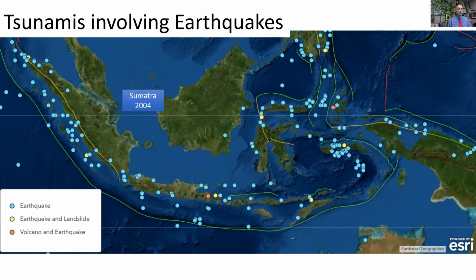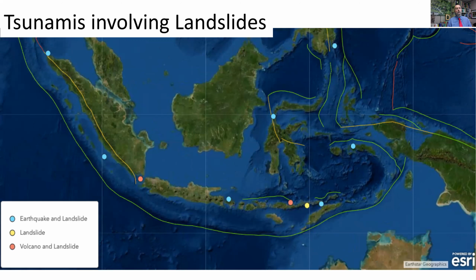Sumatra 2004, of course, took place in Western Sumatra. Tsunamis involving landslides. Well, not as many as caused by earthquakes, but still significant, including the Palu event and about 8 or 10 other events.